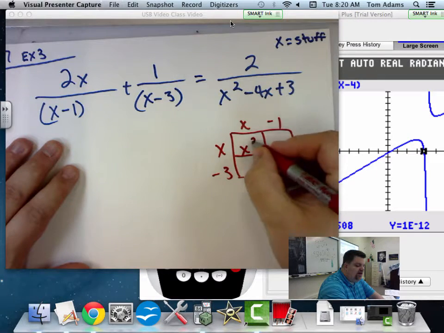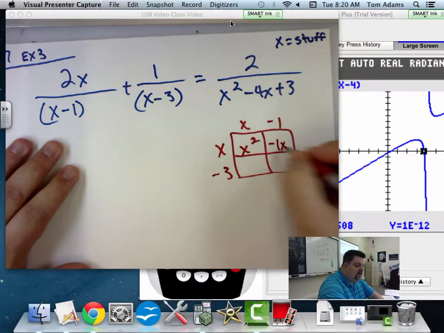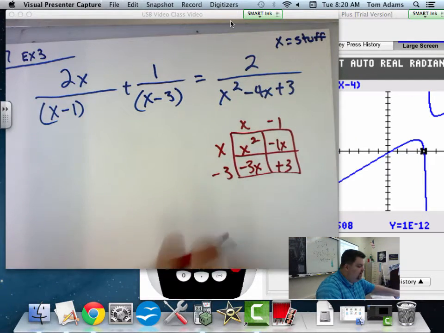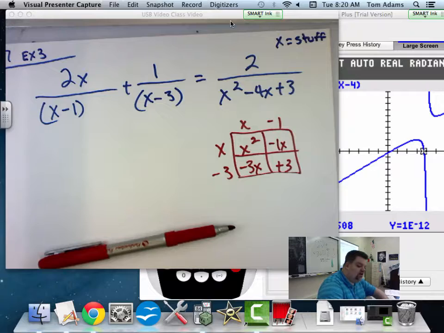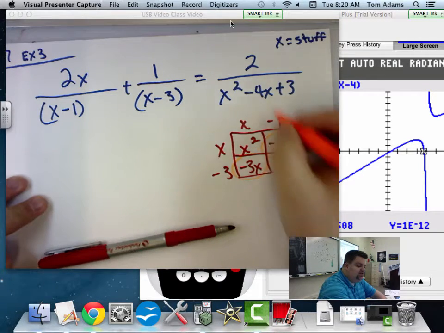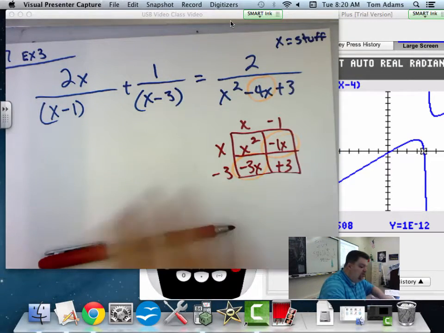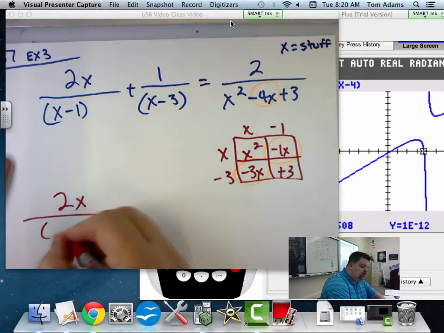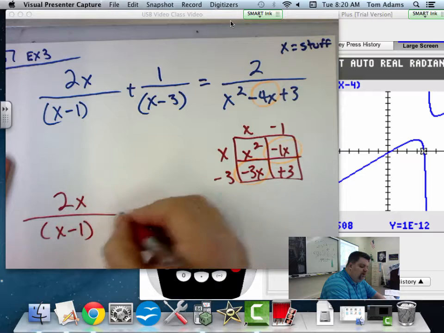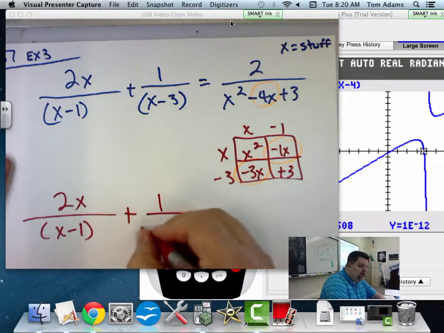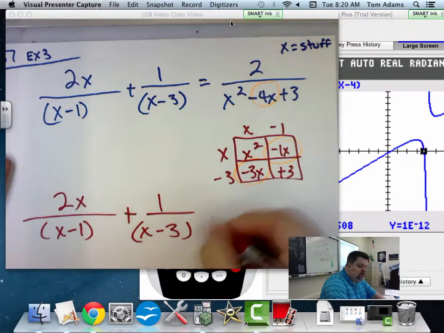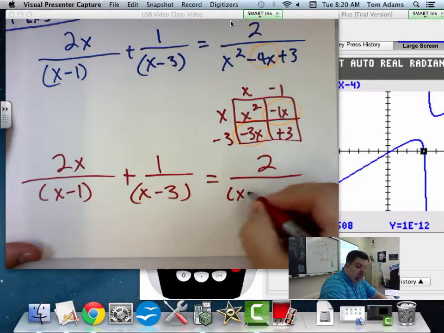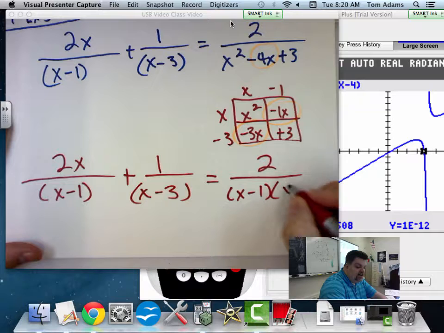If I multiply it out, I get x squared minus 1x minus 3x plus 3. And so if we add these two up, this plus this equals this. So I can rewrite this whole thing as 2x over x minus 1 plus 1 over x minus 3 is equal to 2 over x minus 1 times x minus 3.